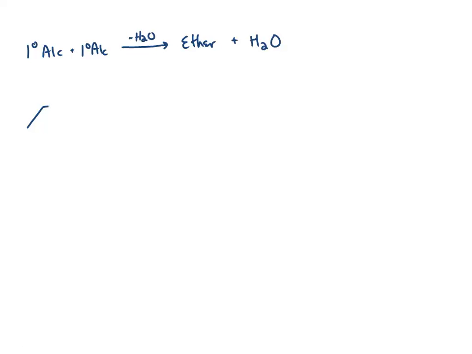So if I've got a primary alcohol plus a primary alcohol, and notice here I made them symmetrical, the same, we're going to lose water by taking an OH from one molecule and just the hydrogen from the other. So the key on dehydration reactions is always locating that water. And then the other half of the reaction is you have to figure out what bond was broken.